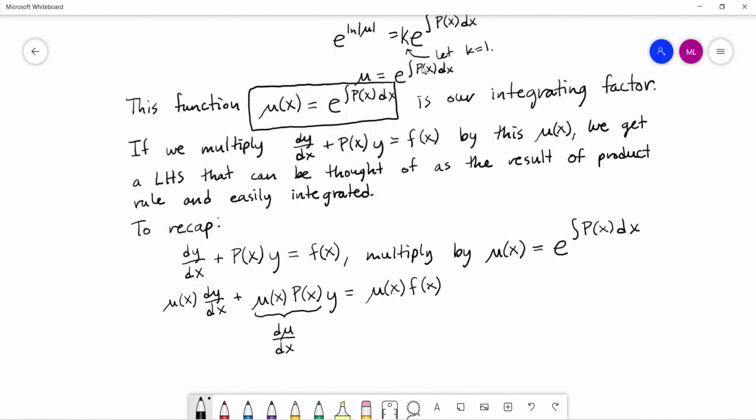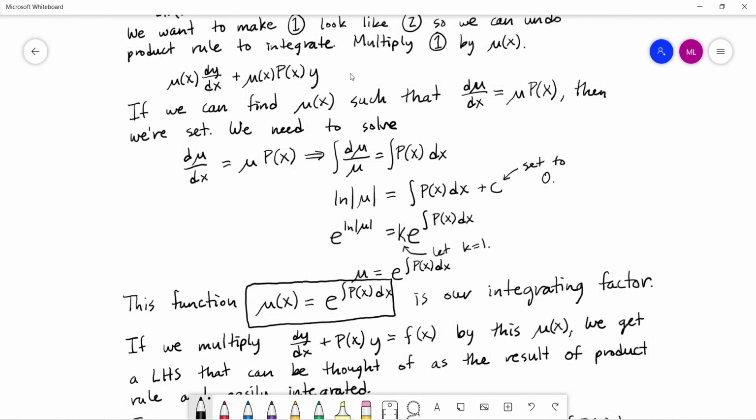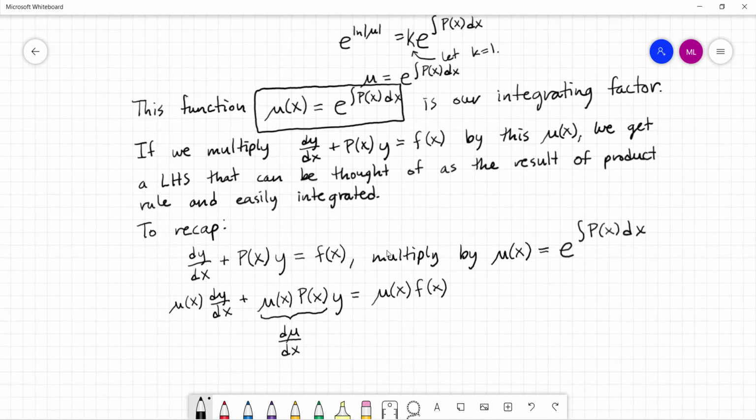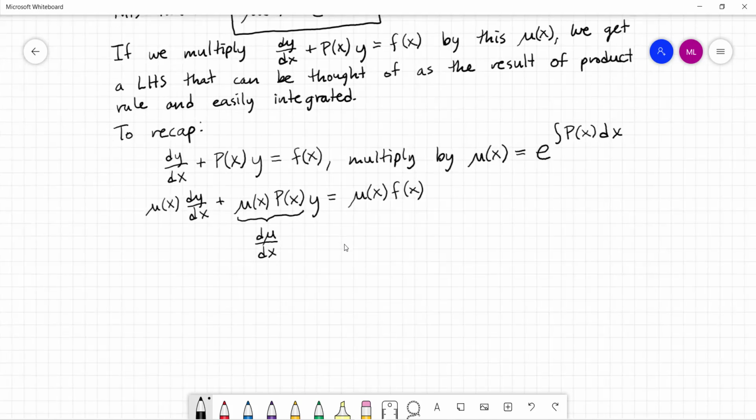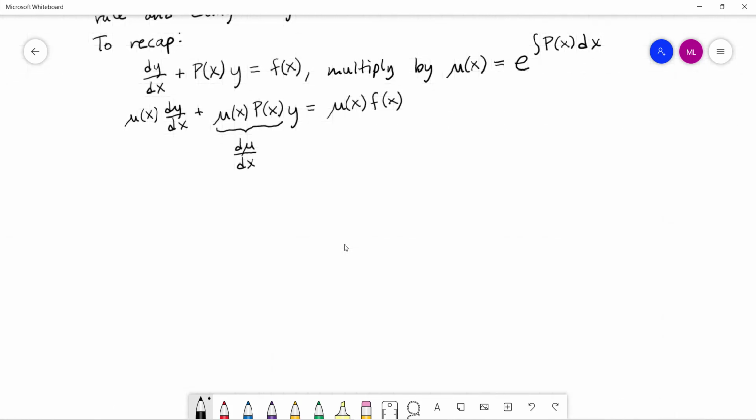That was the whole point of solving this differential equation. We said mu times p of x is the same as d mu dx, and that's what gave us this particular function mu that we should be plugging in. So as long as we plug in that function for mu, this looks like d mu dx. And now the left-hand side of this equation looks like the result of product rule.